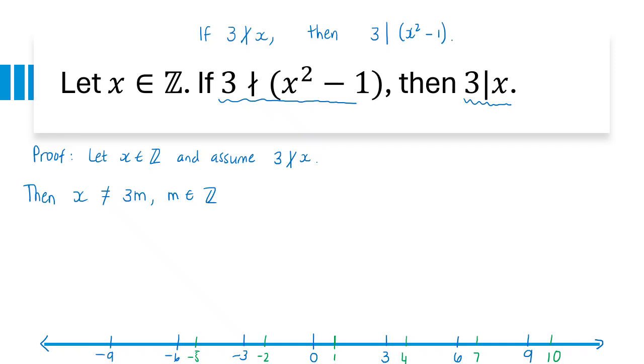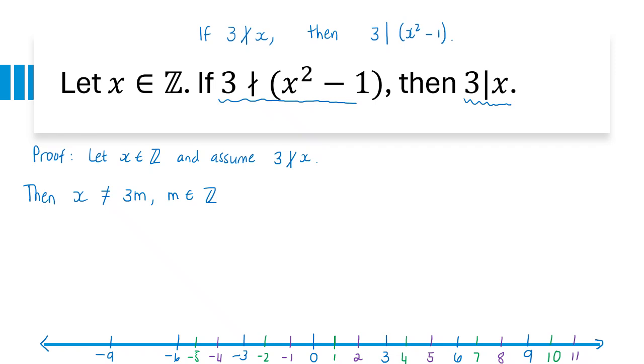And let's use purple for the other ones. Let's say 2, 5, 8, 11. The pattern here is that these numbers in purple that I'm writing down are always 2 integers larger than a multiple of 3.